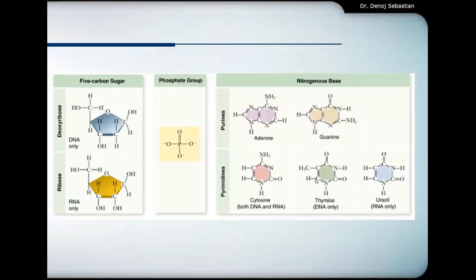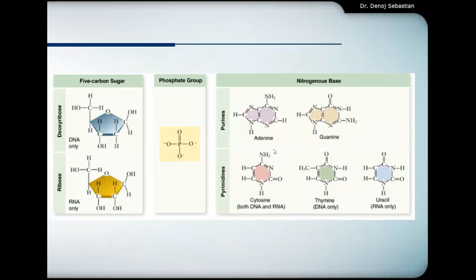Structurally, the difference between thymine and uracil is the presence of a CH3 in thymine, and thymine is used in case of a DNA. Okay. Now, why is it so? Because here we have the cytosine. The cytosine has an NH2 group on the top, right?